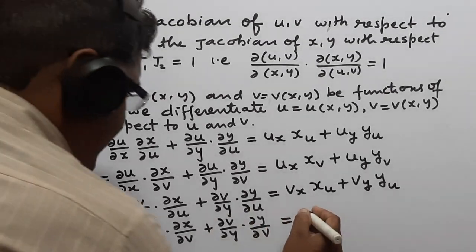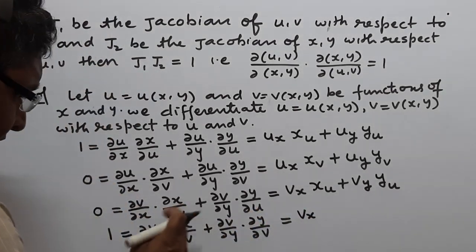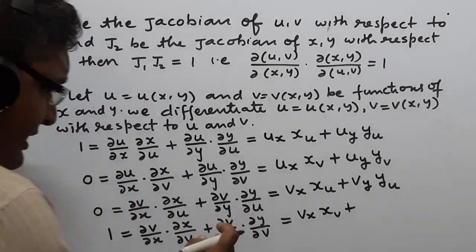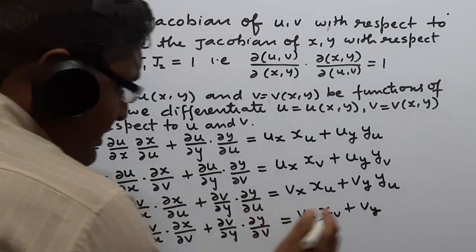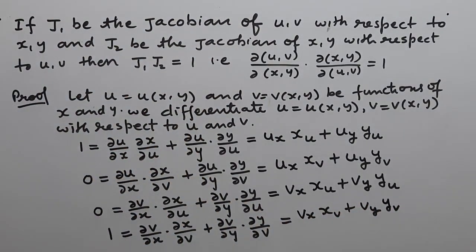This can also be written as vx, xv, vy and yv. You can see that these are the differentiations of u is equal to u(x, y) and v is equal to v(x, y) with respect to u and v.